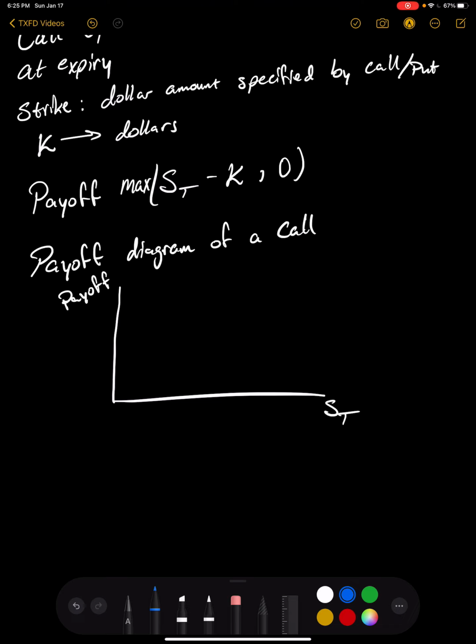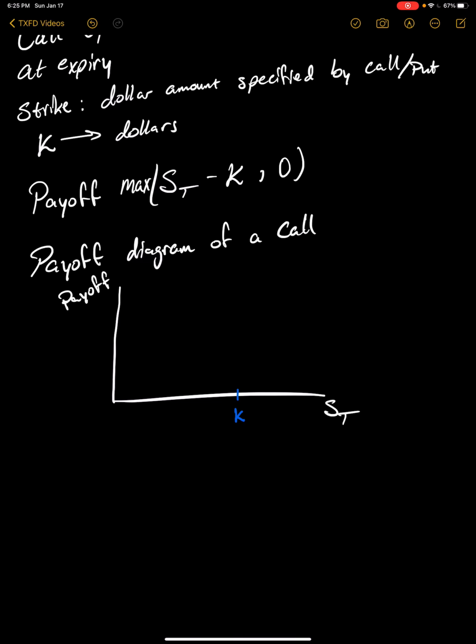The minimum payoff is going to be when the stock price is below the strike, in which case it'll be 0. So here's K, the strike price, and that's going to be K on our graph, and we'll use green here.